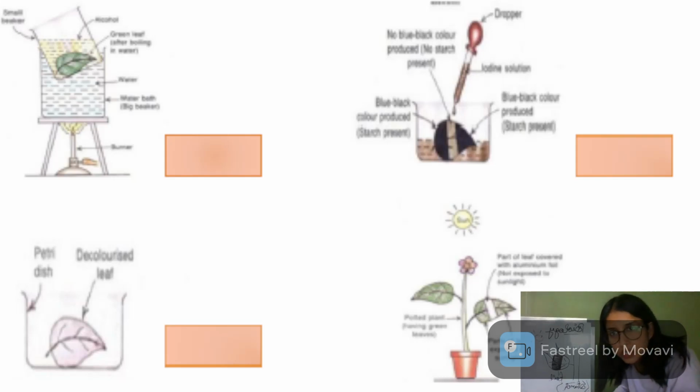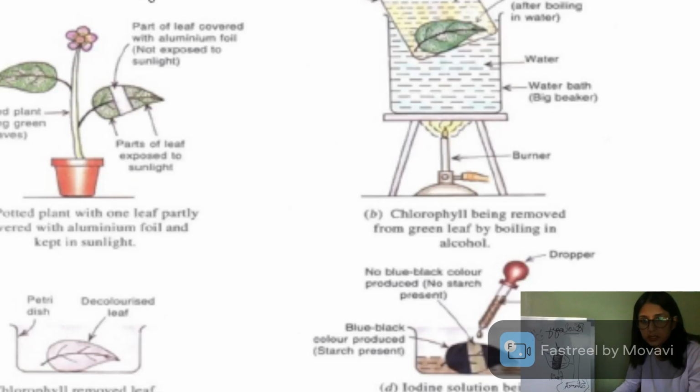They have this beaker and a burner, the water is boiling, and the green leaf is present in the water, and they are adding iodine solution to the leaf, part of which was covered with foil. The iodine checks for the presence of starch. All the other parts of the leaf turned blue because starch was present in them, but the part covered with the aluminium foil did not turn blue because there was no starch present in it. From that we came to know that starch was not present in the area that was covered with the foil.